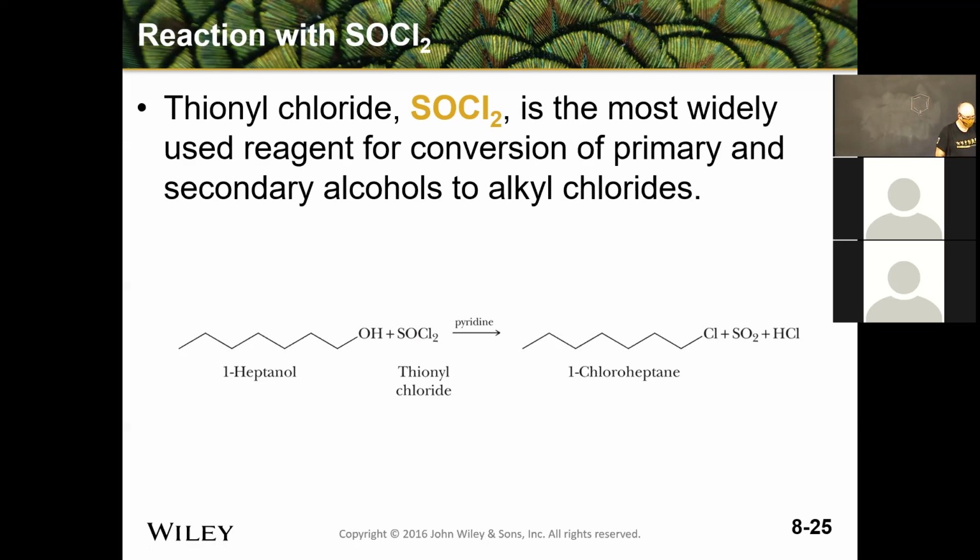So we get 1-chloroheptane, and then we get SO2 and HCl as byproducts. Those are both gases. If you have byproducts that are gases, you can easily remove those. And so this reaction can go forward. We can easily prevent it from reversing, so we get high yields of product.